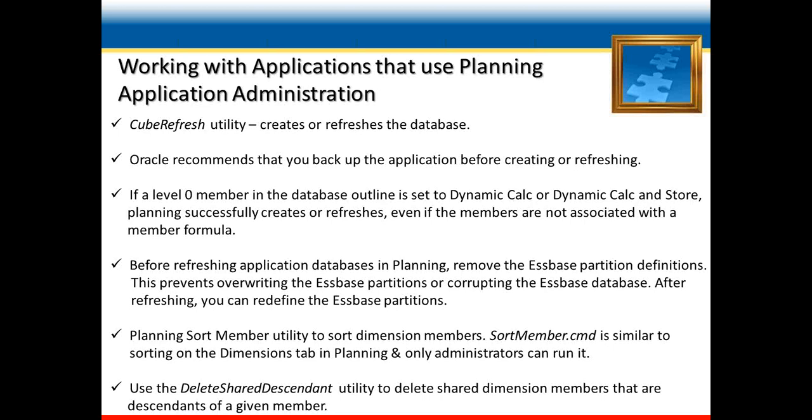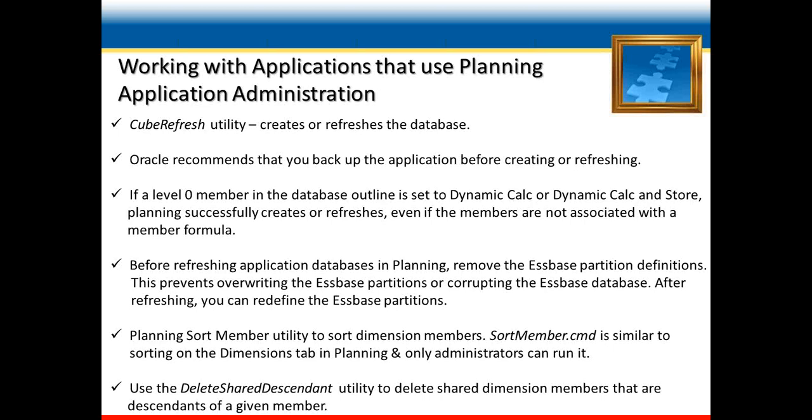If we want to run this utility, Oracle recommends that you back up the application before creating or refreshing, because if there are changes that are going to affect the application and existing objects like data or functionality, you should have a backup of the application.